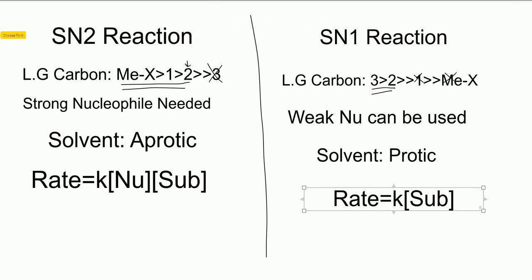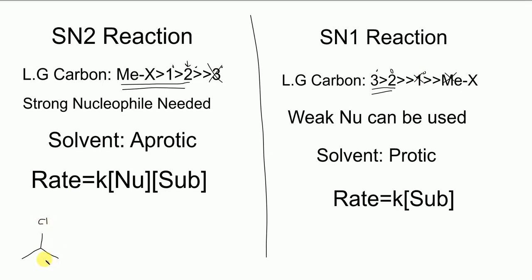So what do these things mean? The first thing, the leaving group carbon: primary, secondary, tertiary describes the degree of the carbon. Let's say I have this carbon chain, and then I have a chlorine here.